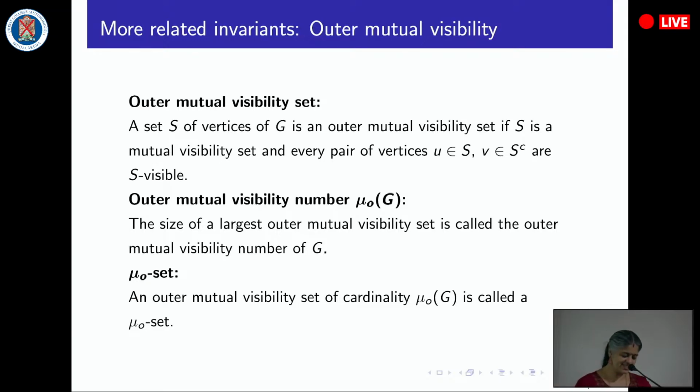And there are some other parameters originating from mutual visibility as well as general position. In mutual visibility, what we say is that there must be a clear vision between any two vertices in the collection. Say, let us assume that we are going to place robots in a network in such a way that two robots must be able to communicate with each other without a third robot coming in between. So when you are going to maximize, what you are going to find is a mutual visibility set.